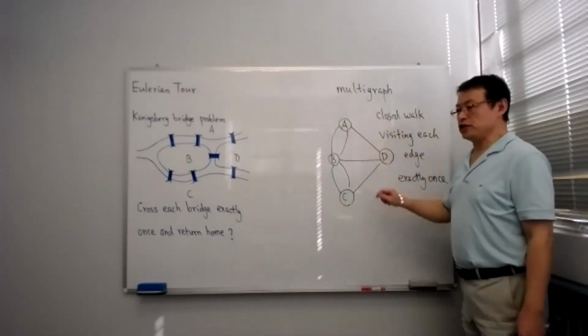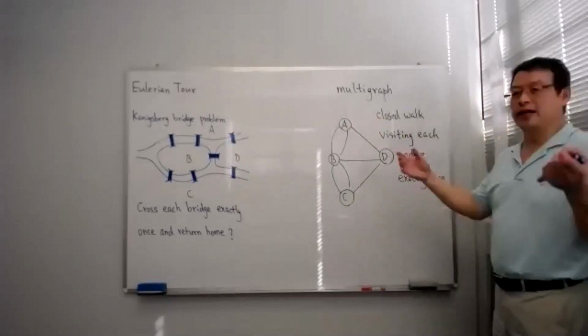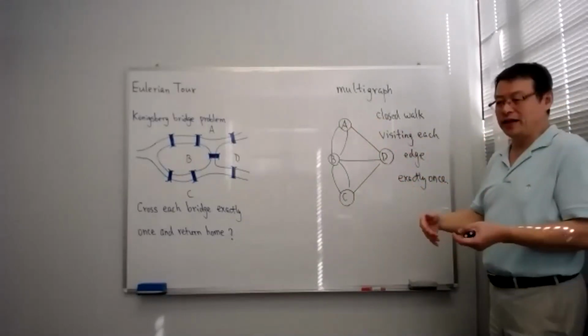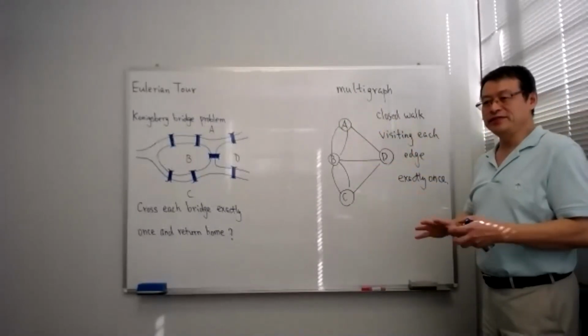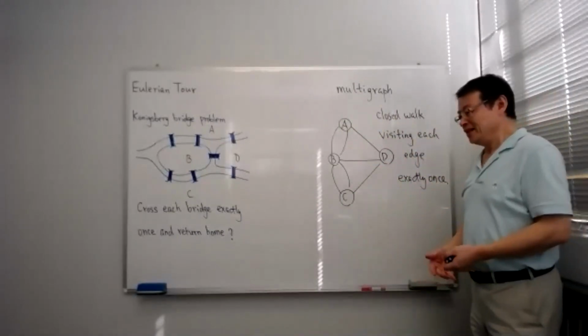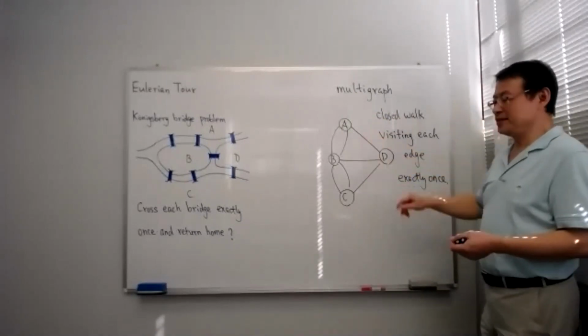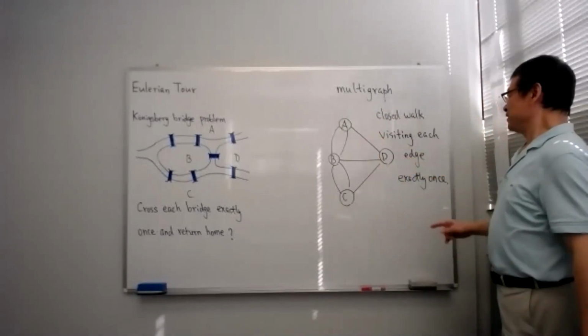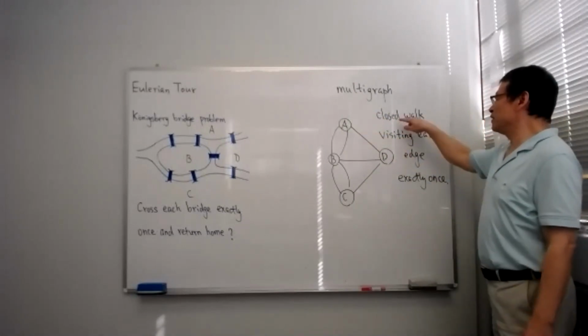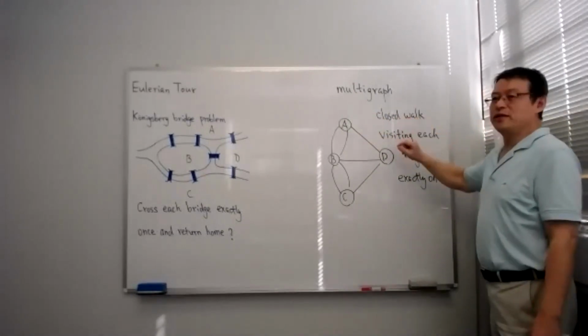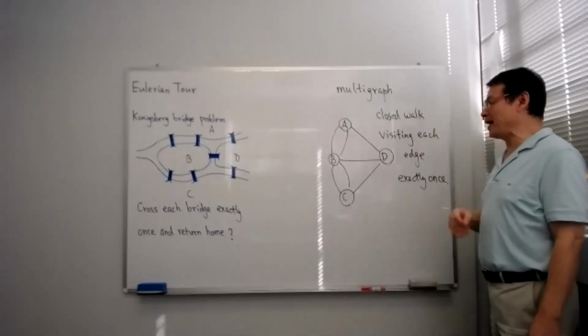We walk around the edges. Again, we're using the idea of walking around the graph, like this week, and on Monday we walked around the graph using edges. We want to visit each edge exactly once. We're looking for a closed walk. We can repeat vertices, but we cannot repeat edges.